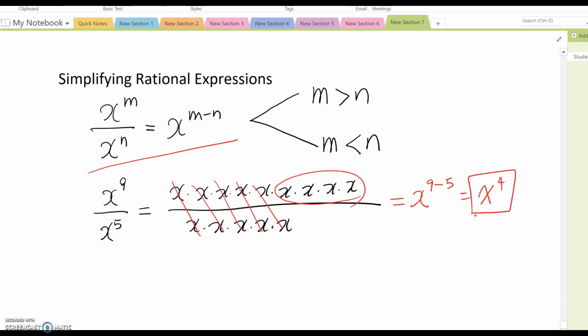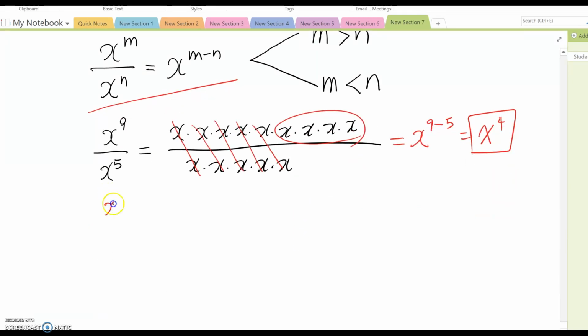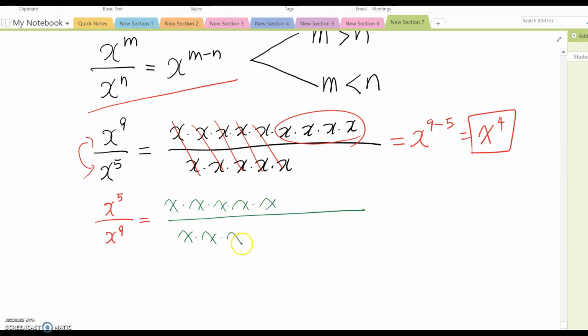Okay. What about this case? x to the 5 over x to the 9. As you see, I flipped the numerator and the denominator. Then we can rewrite this: there are 5 x's on top and 9 x's on the denominator.